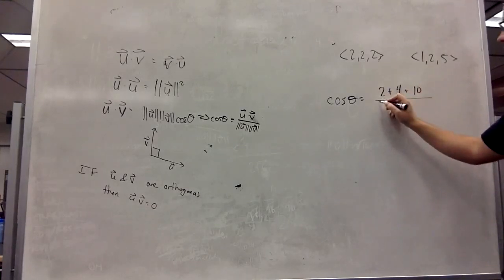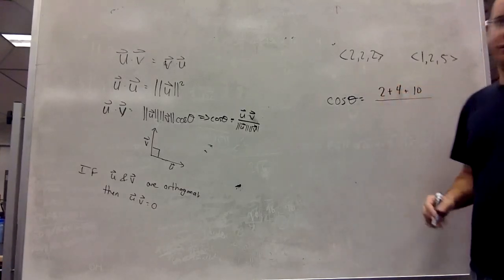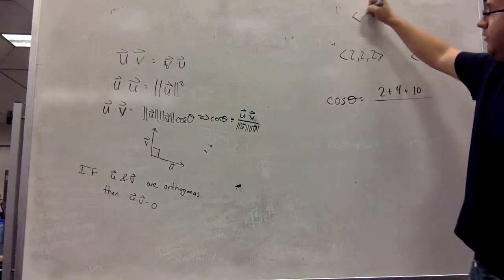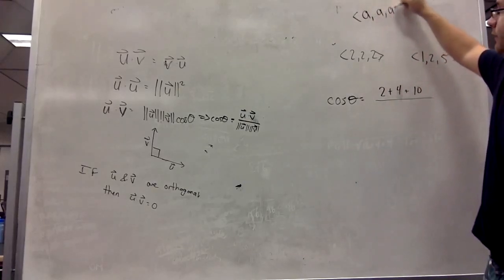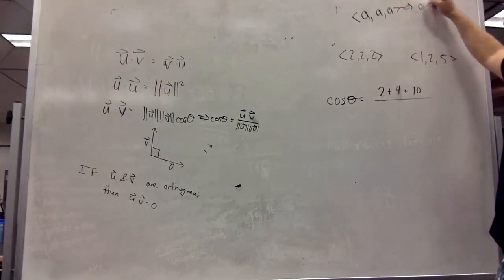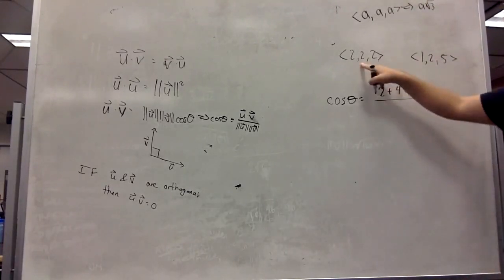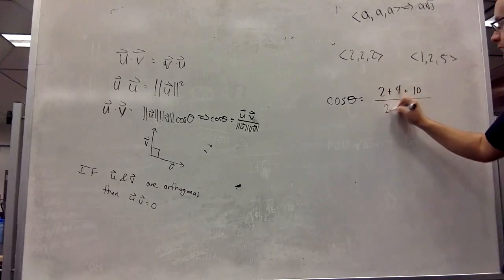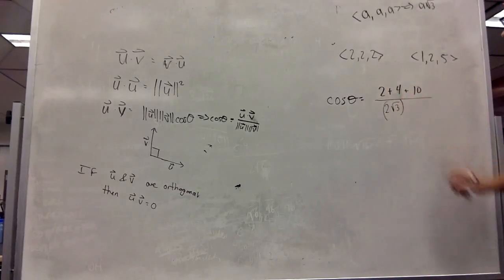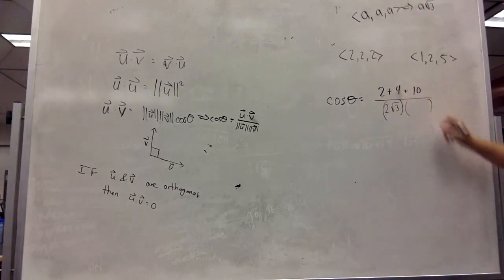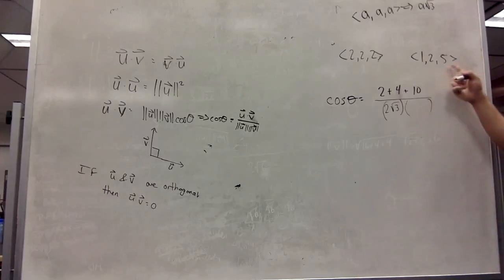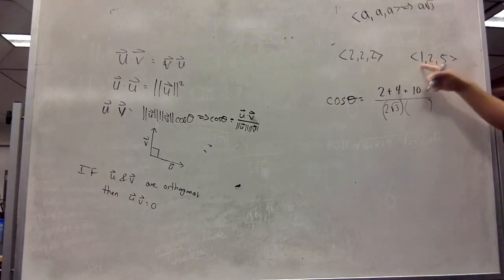All over. By the way, here's a quick trick you guys can do to save some time. If you're given the vector a, a, a, its magnitude is a root 3. Time saver. So this is magnitude 2 root 3. Magnitude of this guy would be 1 plus 4 is 5 plus 25 is 30.